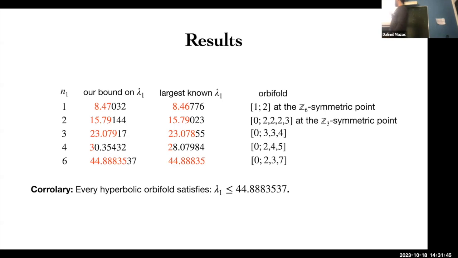So a corollary of this method is that every hyperbolic orbifold satisfies this upper bound on lambda 1, which is definitely saturated by the 2,3,7 surface.